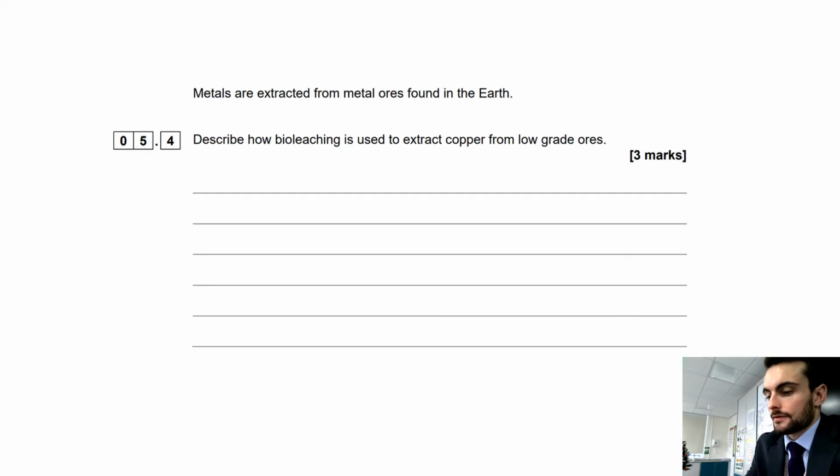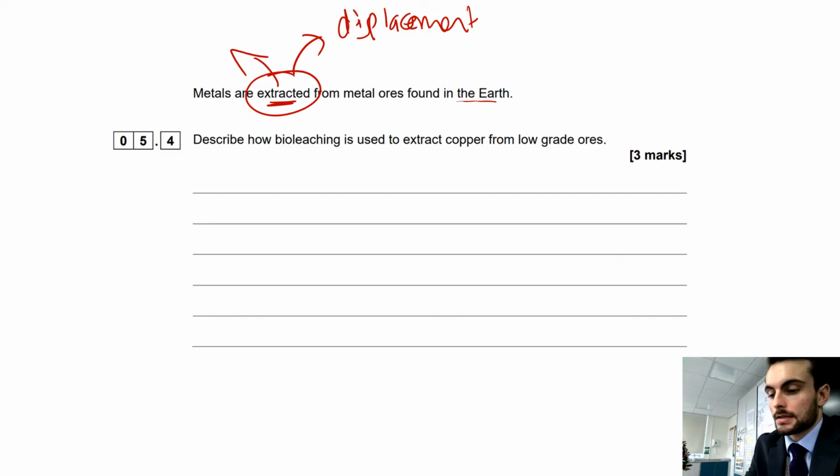Metals are extracted from metal ores found in the earth. So things about extract. As soon as you see the word extraction methods, you're thinking things like displacement. Okay, you're thinking things like electrolysis might be relevant in this question.